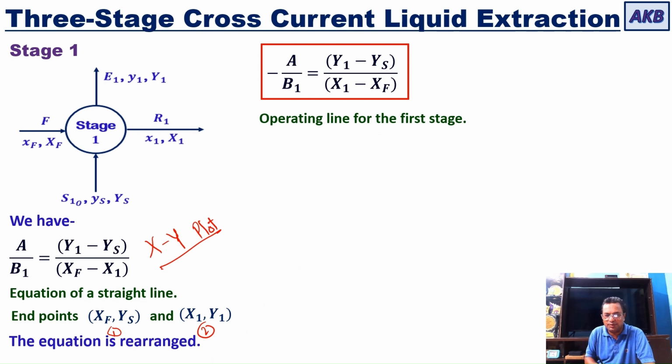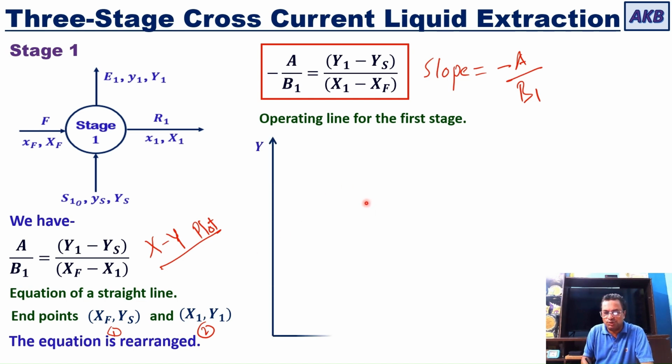This operating line passes through these 2 points, point number 1 and point number 2, and it has a slope of minus A upon B1. So we will be using the slope to plot the operating line for stage number 1.